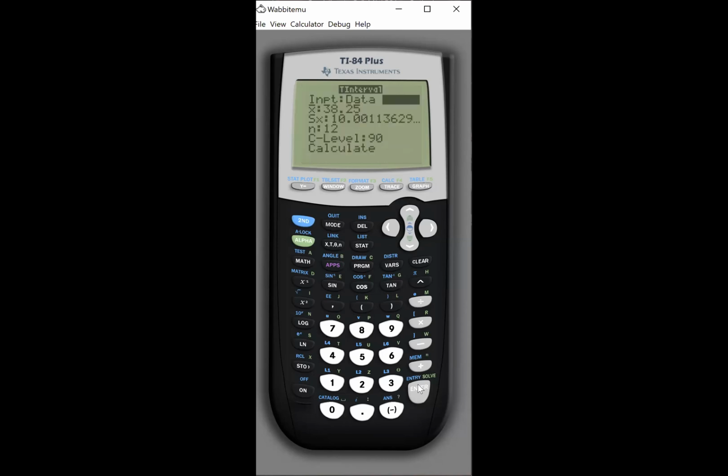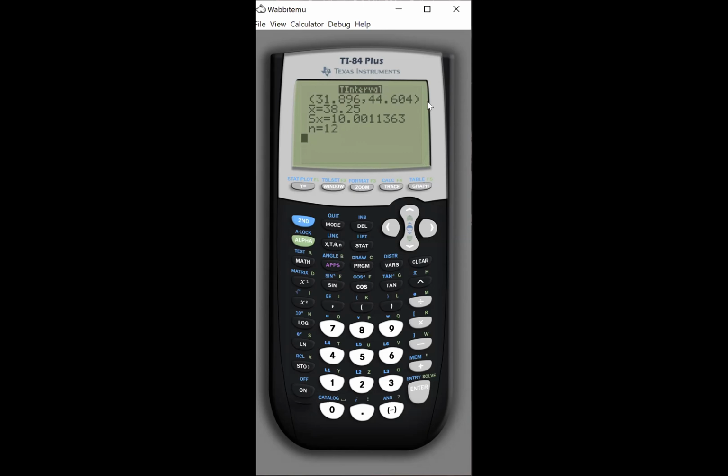Remember, you enter the data set into data, so make sure you say data, put L1, and change your confidence level to 0.95. If you look at it, you get almost exactly what we got by hand. That way you make sure you're on the right track. You get 31.89, which we just rounded up to 31.9, and you get 44.6, which we got.